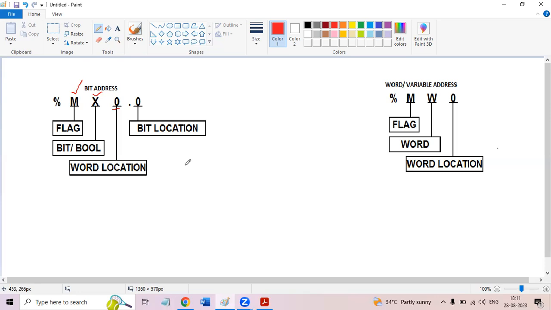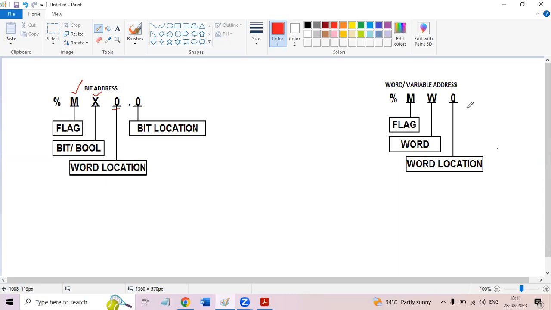Further, I will explain this, don't worry. So in %MX0.0, M is for flag, X is for bit, the first 0 is the word location, and this 0 is the bit location. Fine. So if we have 0.1, it means on this 0 number word location, the 1 number bit.